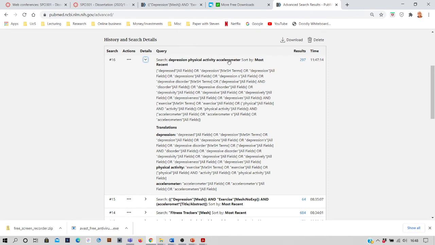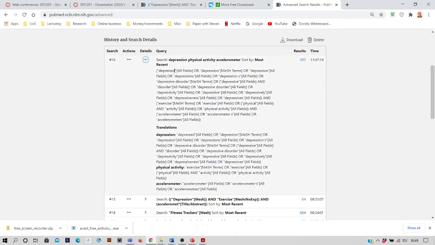If you don't add any Boolean operators, then all it'll do is search from left to right. It'll find all studies on depression, then all studies featuring the word physical, and all studies featuring the word activity, and then finally all studies featuring the word accelerometer. That's not very helpful at all.